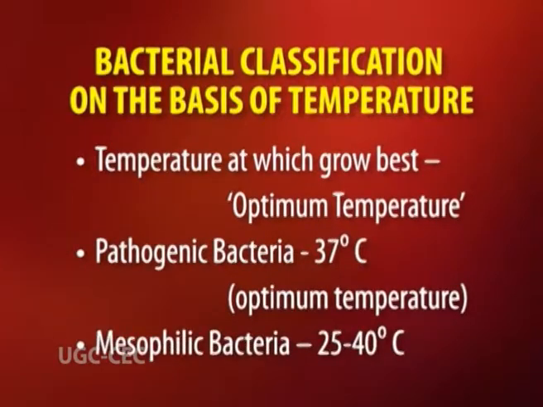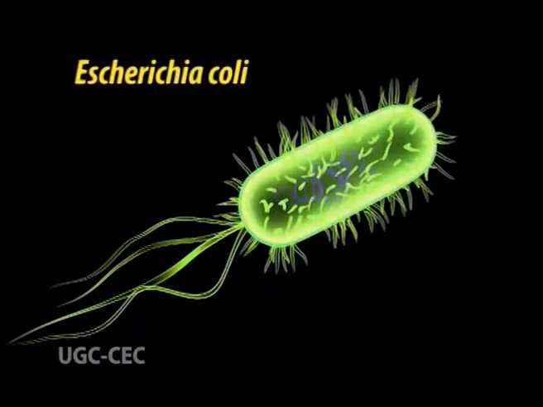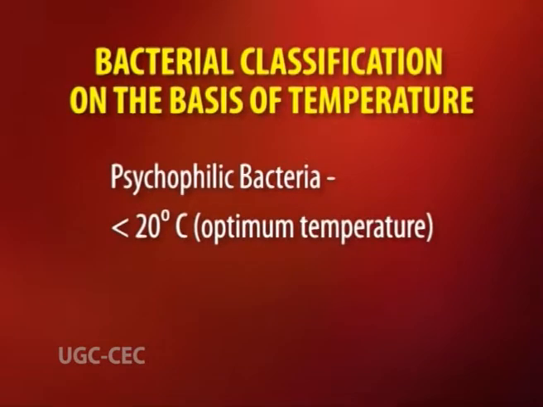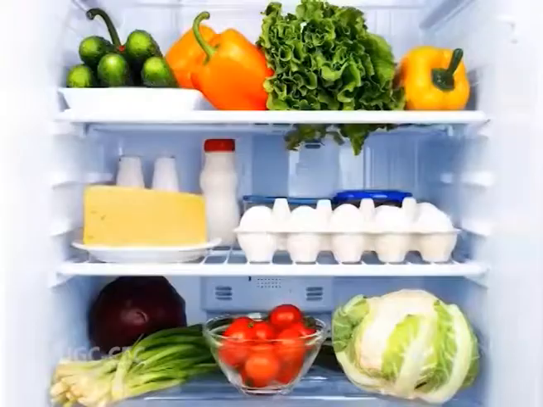Bacteria which grow best at temperatures of 25 to 40 degrees centigrade are called mesophilic. For example, Escherichia coli. Psychrophilic bacteria are those that grow best at temperatures below 20 degrees centigrade. They are soil and water saprophytes and may cause spoilage of refrigerated food.